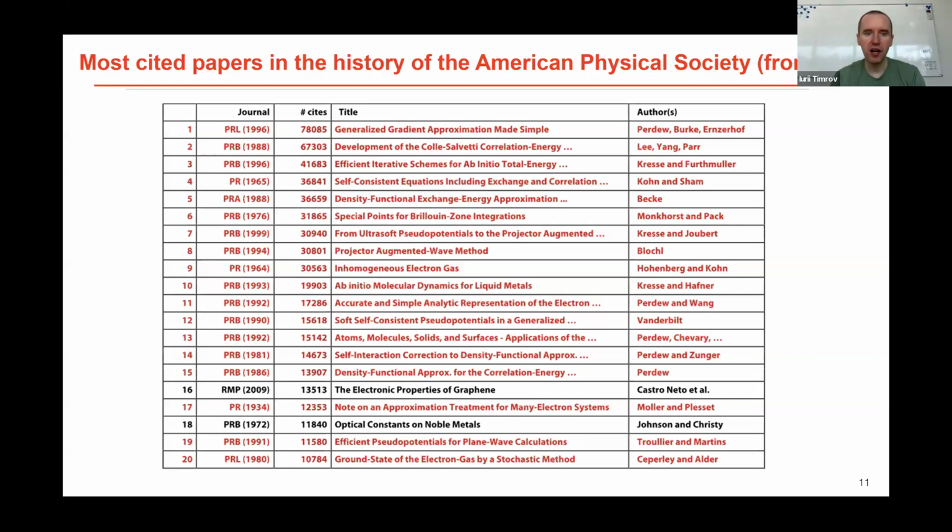So this is just to show you how important what we are learning in this school is. It's really, really important, powerful, and it's the most cited papers. It means people use it a lot. So 18 out of 20 papers are related to numerical methods.